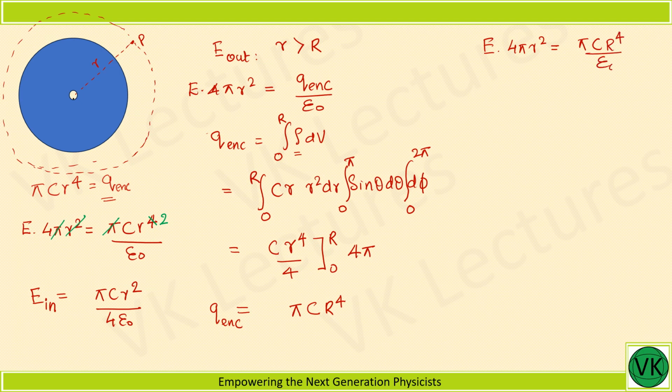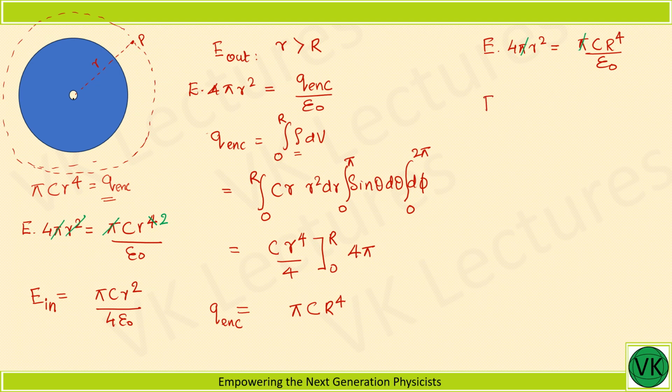by epsilon naught. Now here we have to cancel out the common terms. Only common term here is pi and pi. So remaining we have to substitute.